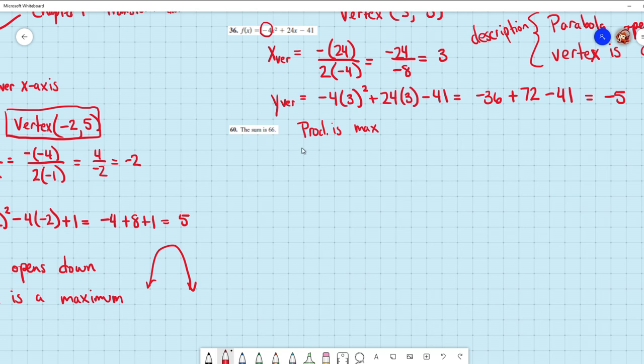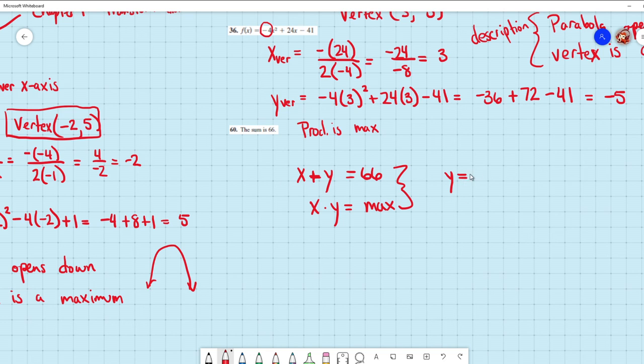So let's go ahead and set this up. I have 2 numbers. I'm going to give them a value, x and y. We're told the sum of these 2 numbers is 66. The product of these 2 numbers must be a maximum. So this is a system of equations, and we're going to solve it by substitution.